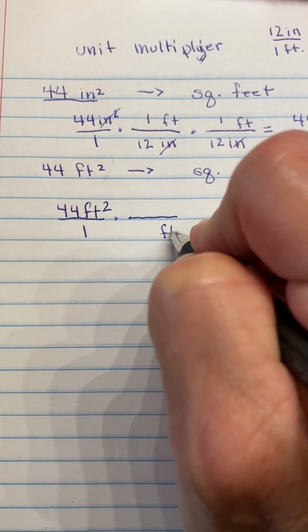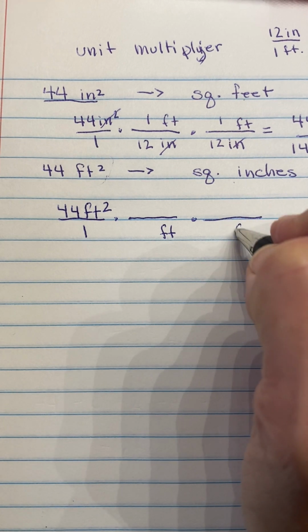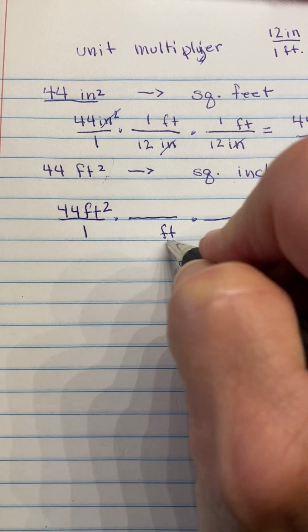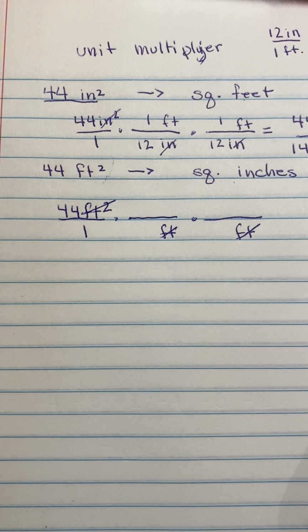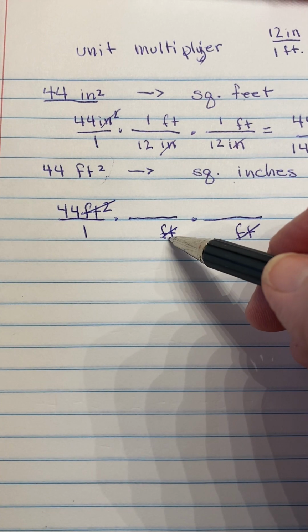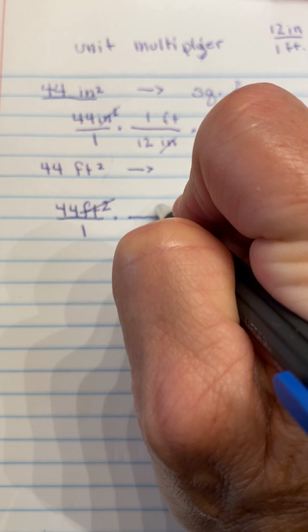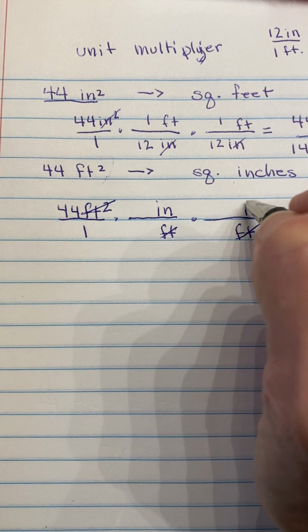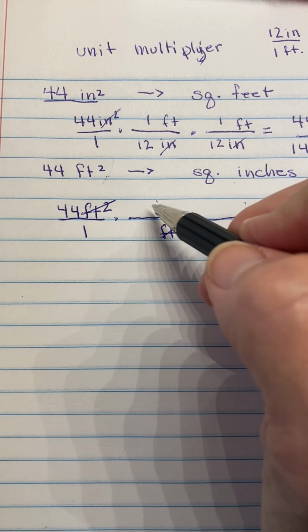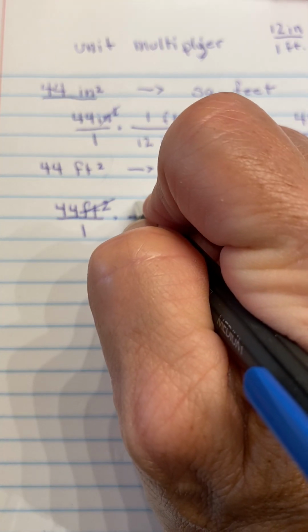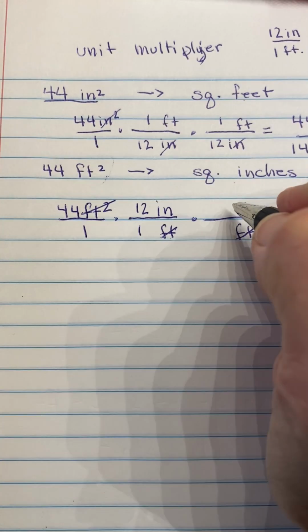So the feet have to go in the bottom. Do you see how that feet times feet cancels the feet squared? So if the feet are in the bottom, looking back up here at our unit multipliers, the inches would be in the top. And then how many inches is equal to how many feet? That's 12 inches per 1 foot.